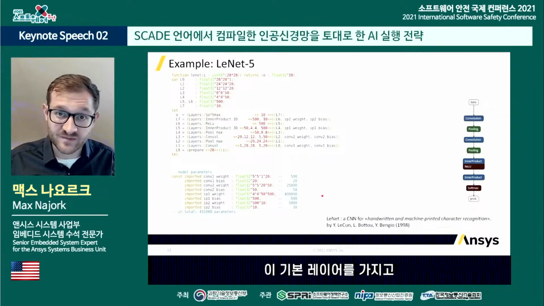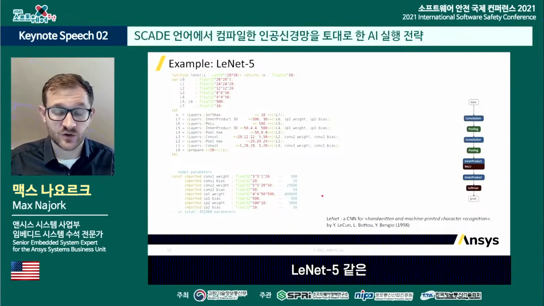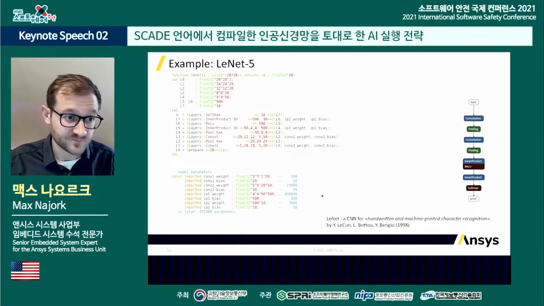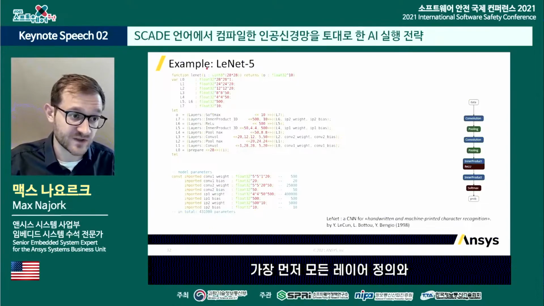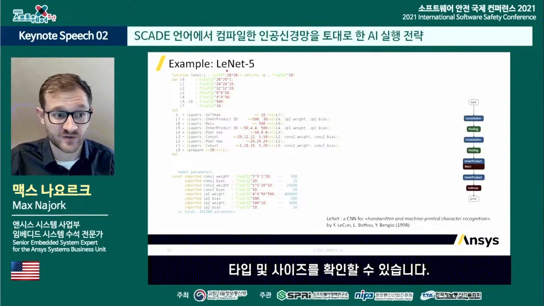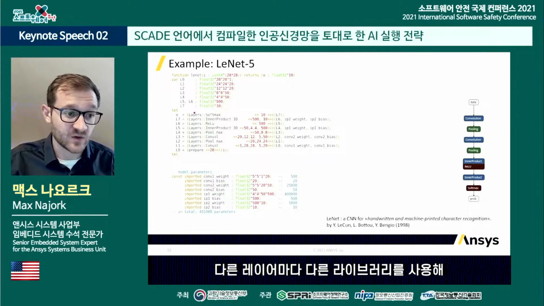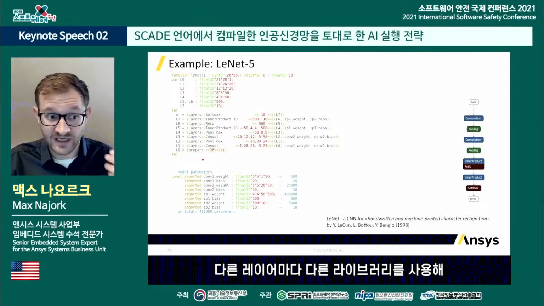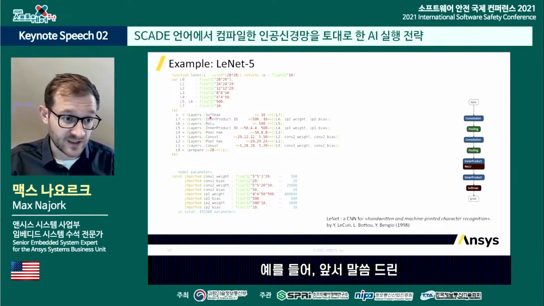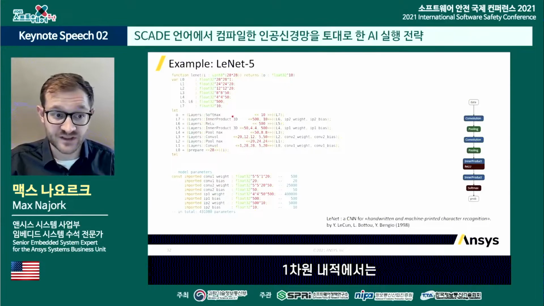Now, having these basic layers allows us to implement more complex neural networks like LeNet5. In the beginning, we see the definition of the different layers, the types and the sizes of the different layers. Then we use the different libraries on the different layers in order to implement each layer. As an example, we've talked about the 1D inner product.